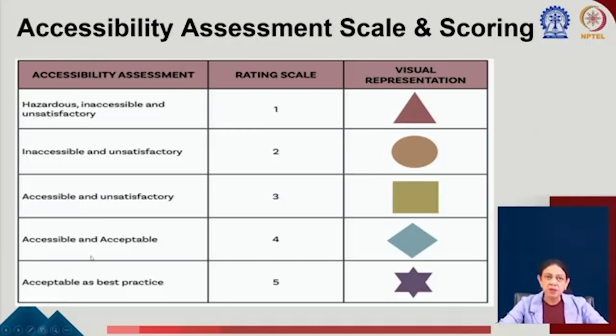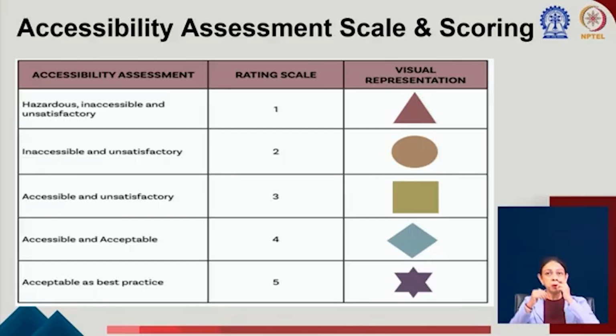Accessible and acceptable: maybe you have a proper ramp, 1:15 slope with adequate handrail. So you get 4. Acceptable as a best practice: you have this kind of 1:15 ramp with handrails on both sides and tactile guidelines at the beginning and the end. That means it is accessible as a best practice, and you get 5 points.